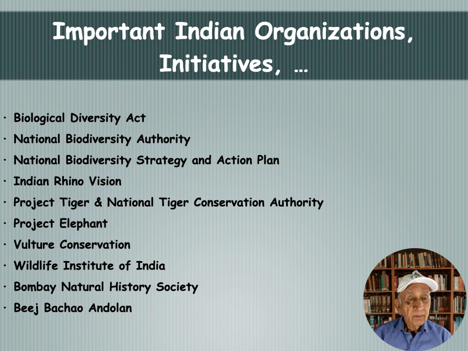We are doing a lot for vulture conservation. Vultures were almost wiped out in this part of the world, India, Pakistan, and so on, and that is being revived. There is the Wildlife Institute of India, the Bombay Natural History Society, a very well-known NGO, and there are individual groups such as the Beej Bachao Andolan.